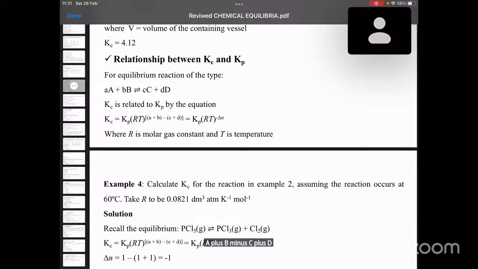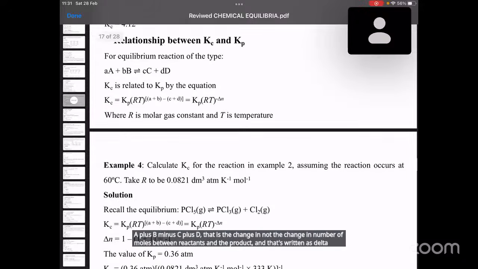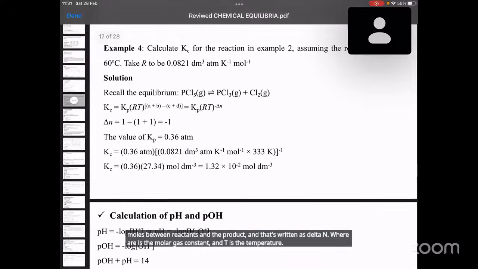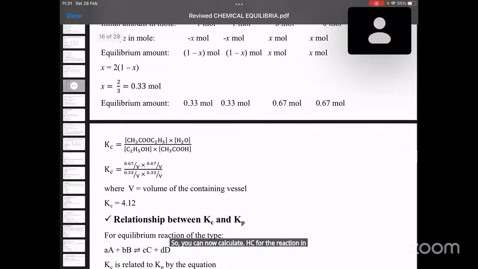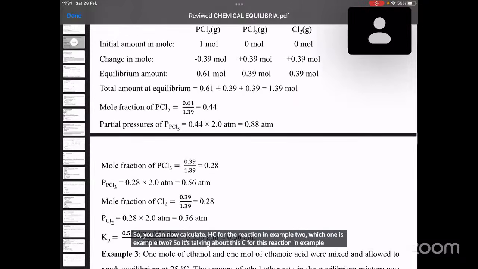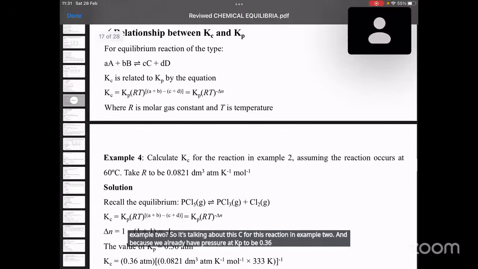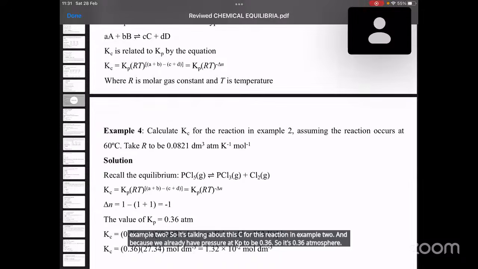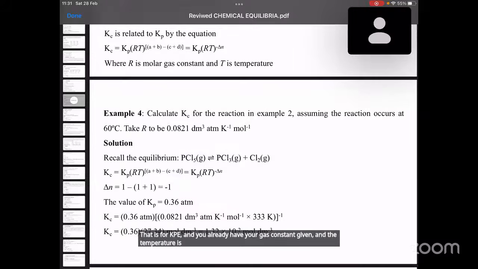that is the change in number of moles between reactants and products, written as delta n, where R is the molar gas constant and T is the temperature. So you can now calculate Kc for the reaction in example 2. Because we already have Kp to be 0.36 atmosphere, and you already have your gas constant given, and the temperature is 60 degrees, and this is absolute temperature, so you convert 60 degrees to Kelvin.